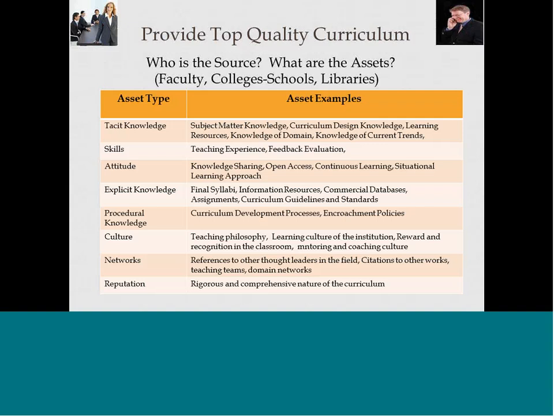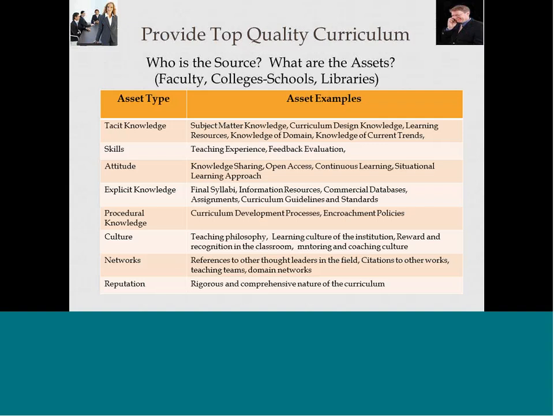In terms of networks, we need to have knowledge of other thought leaders in the field. We want to provide citations to the works of others. We need to have teams of teachers who are perhaps teaching the same courses, and we need to have networks within that particular subject domain.